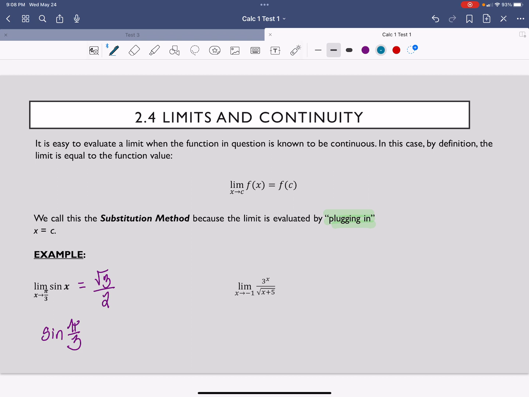So I'm going to write this right here. Sine of x is defined at pi over 3. So we plug in to find the value.